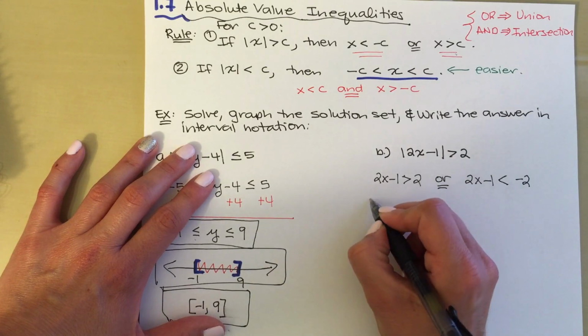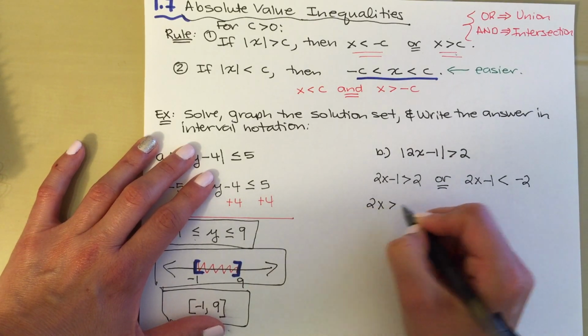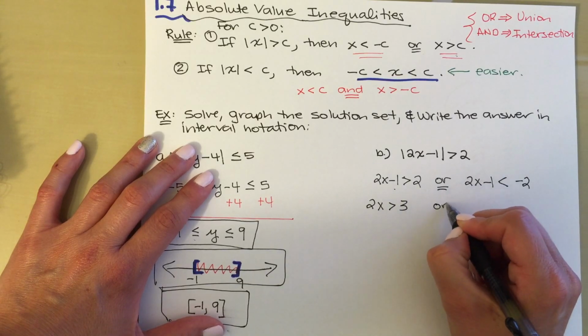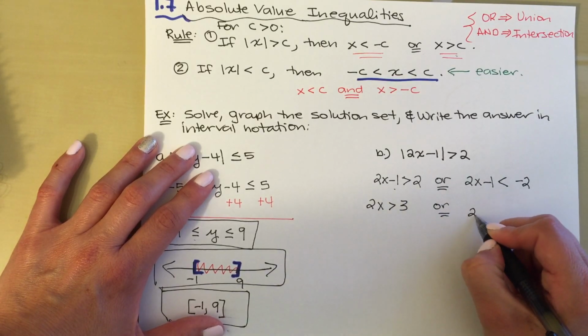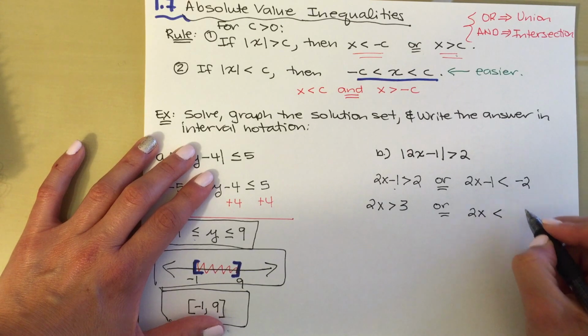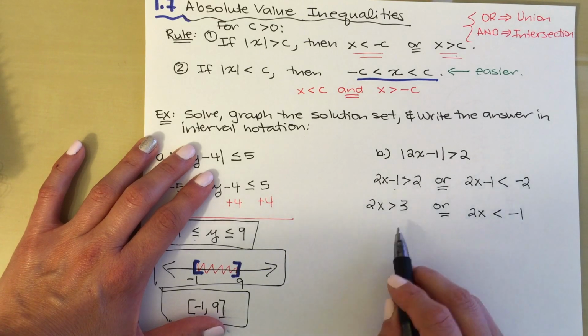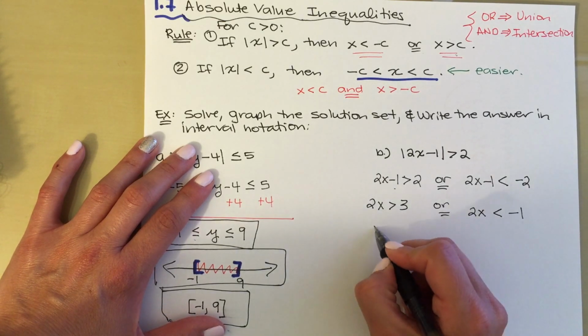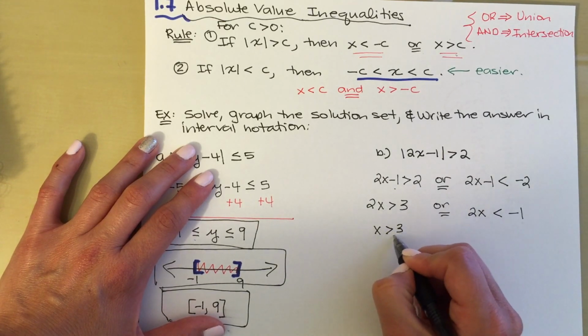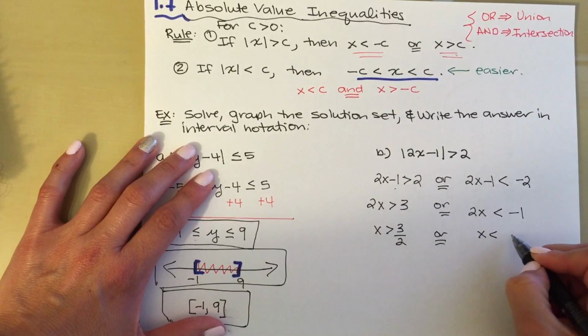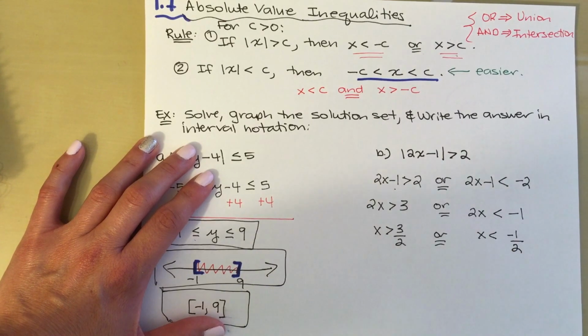So this tells us that 2x is greater than 3, add 1, add 1, 2x is less than negative 1. We are going to divide by 2 for both of them. X is greater than 3 over 2, or x is less than negative a half.